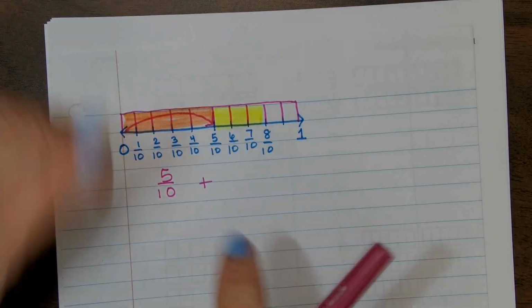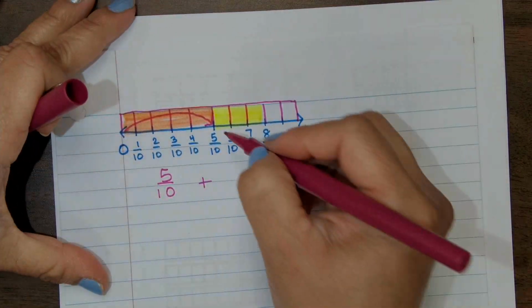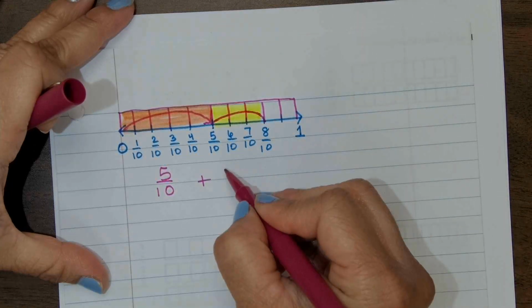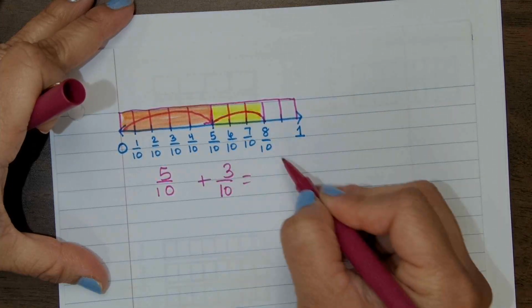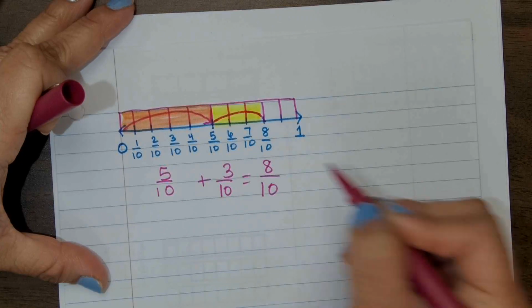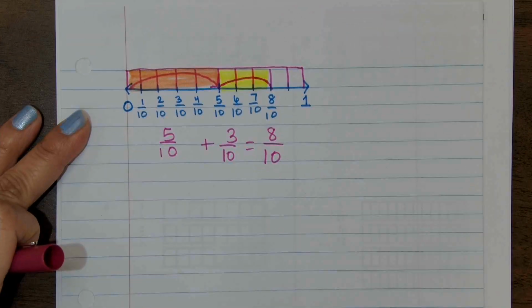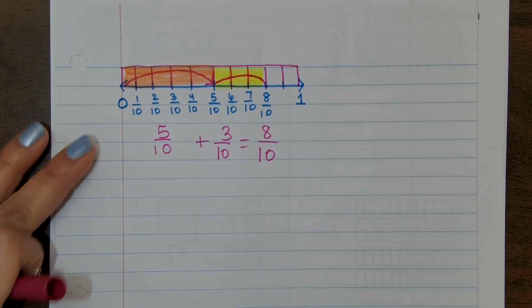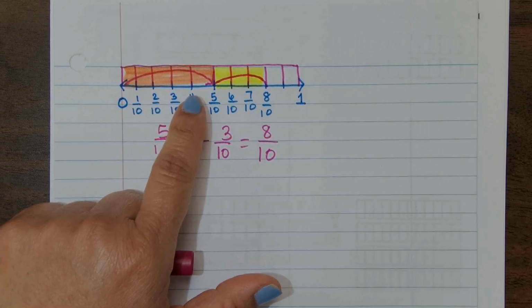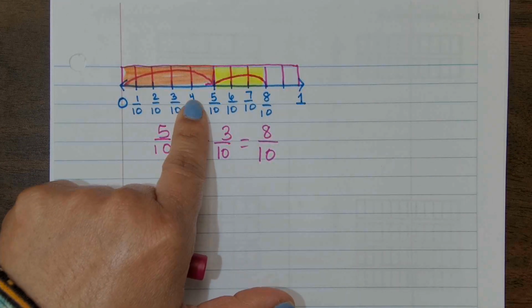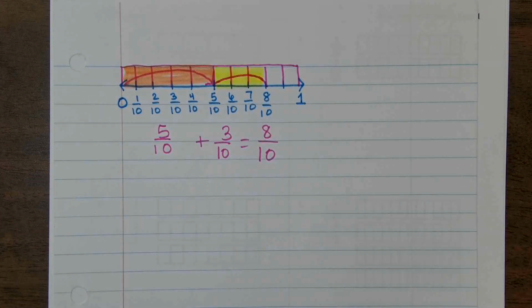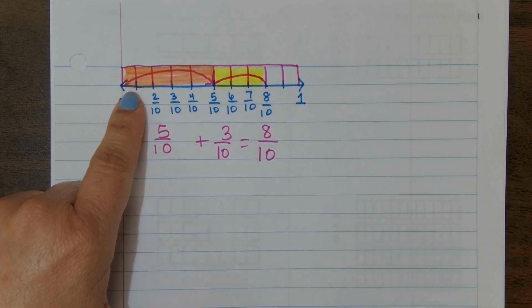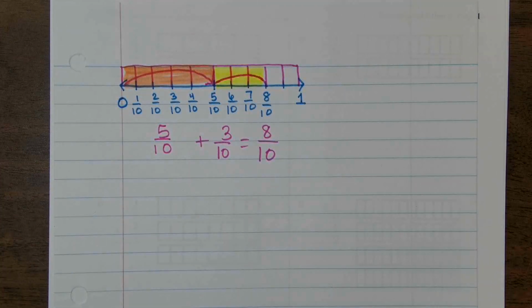So 5 tenths plus 3 tenths equals 8 over 10. I can also represent it as 4 tenths plus 4 tenths equals 8 over 10. 1 over 10 plus 7 over 10 equals 8 over 10.